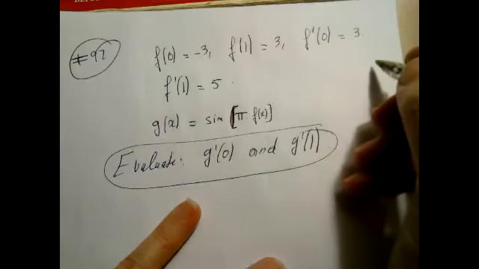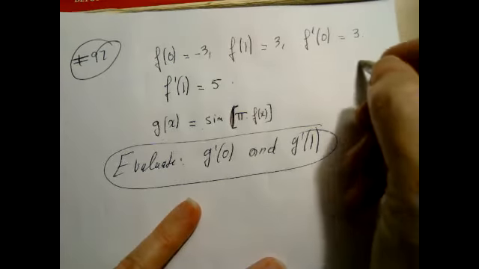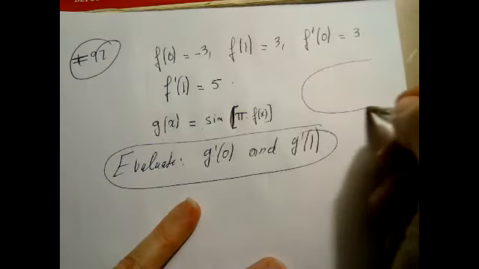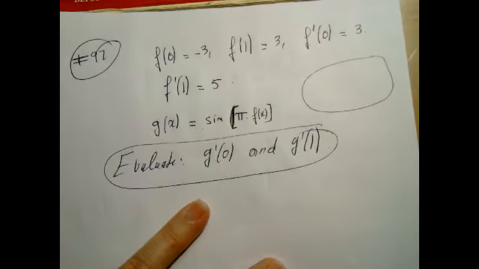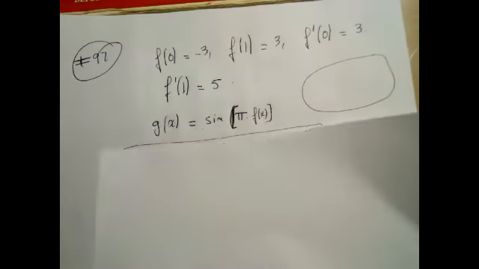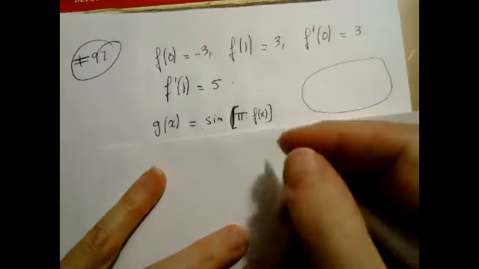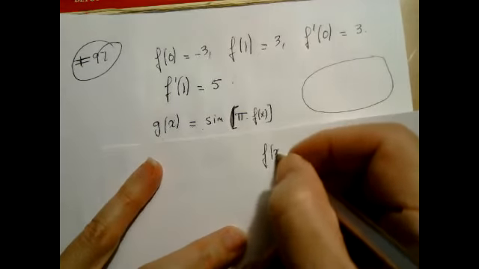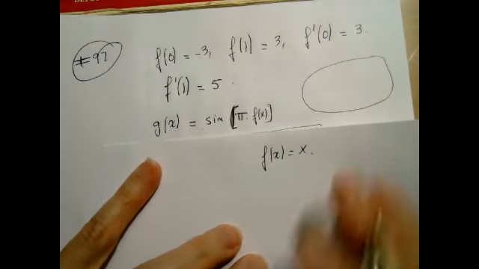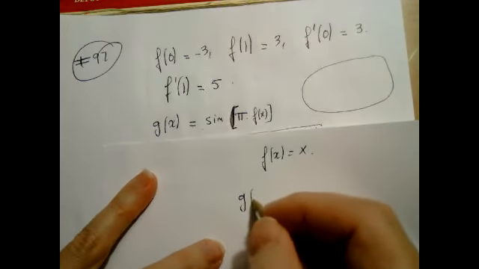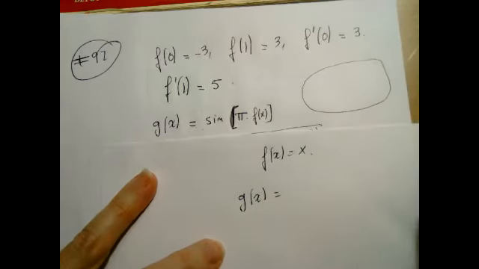So first, before we do that, let us understand what they are talking about. How is this defined? Let me take another piece of paper here. Suppose f of x is equal to x. Just understand this notation. What is g of x?